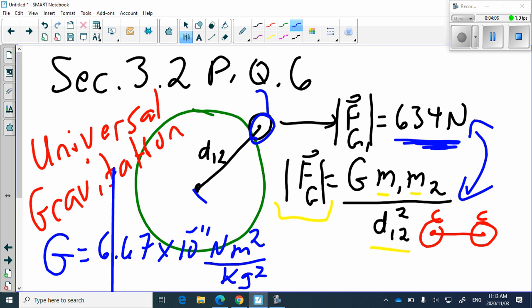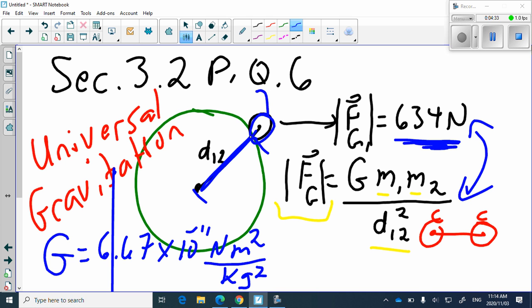If you take a look at this diagram right there, distance from one object to the other, distance 1, 2, basically, for all intents and purposes, we can say, look, this distance right here is so close to being the radius of the Earth, let's just call it the radius of the Earth. If you add a meter, because you've got to get to the belly of the astronaut, what's a meter going to change when we're looking at the radius of the Earth?